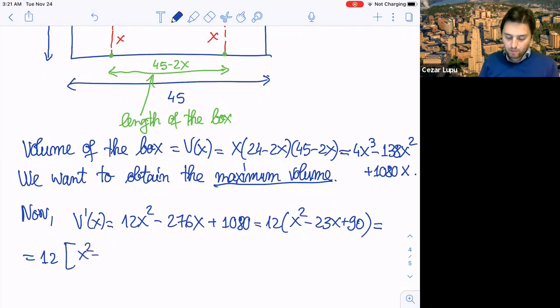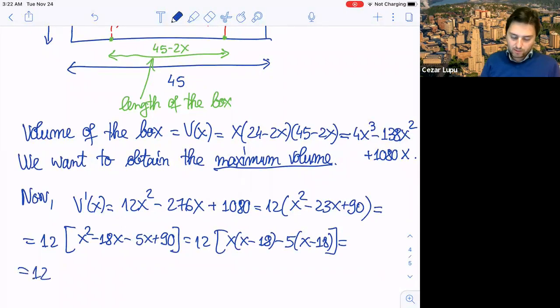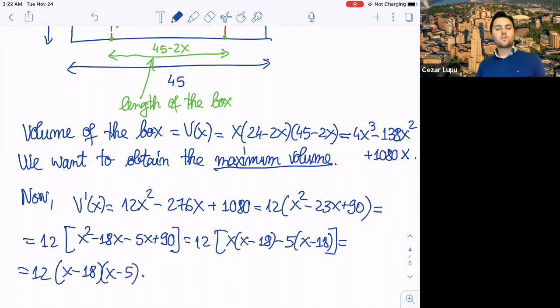So it's x squared minus 18x minus 5x plus 90. So this would be 12 times x minus 18 times x minus 5. Okay, that's beautiful. And now we can factor things in a nice way here. So this is 12 times x minus 18 times x minus 5. So this is the derivative.